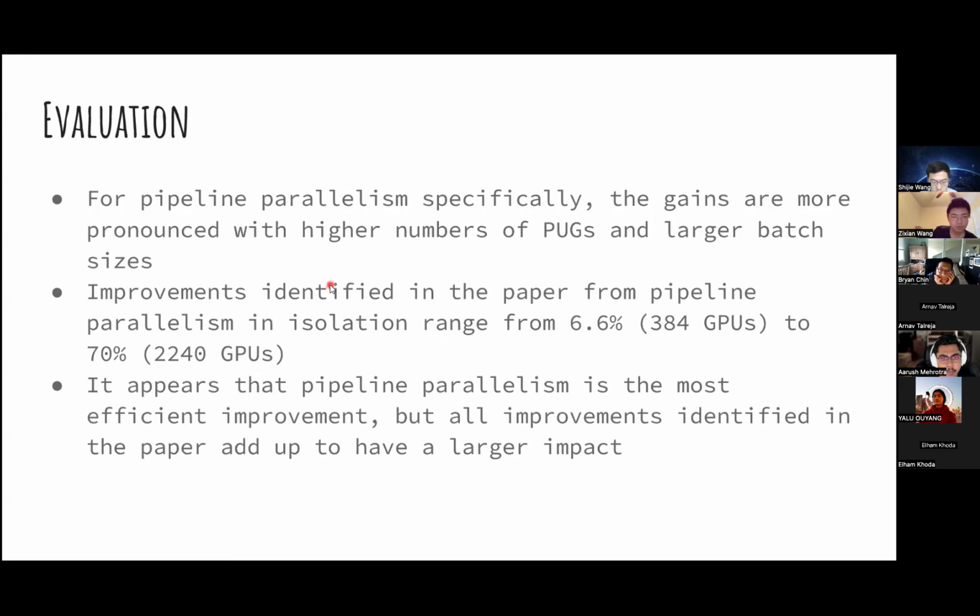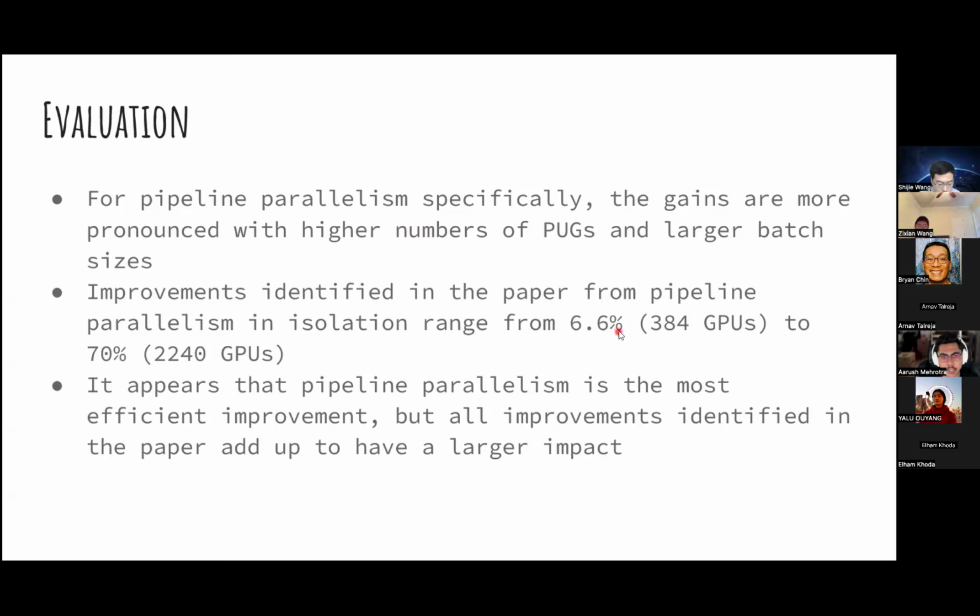From the research paper, we see that for pipeline parallelism, the efficiency improvements you get are more pronounced with higher numbers of GPUs, not PUGs, sorry, and larger batch sizes. So with 384 GPUs, the research paper identified a 6.6% performance increase.